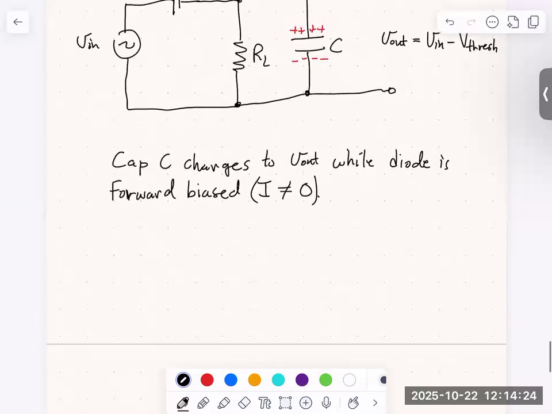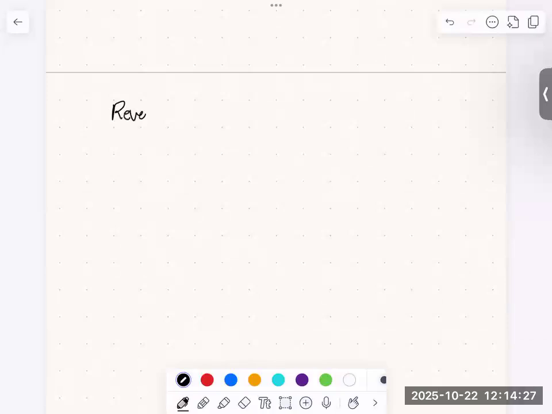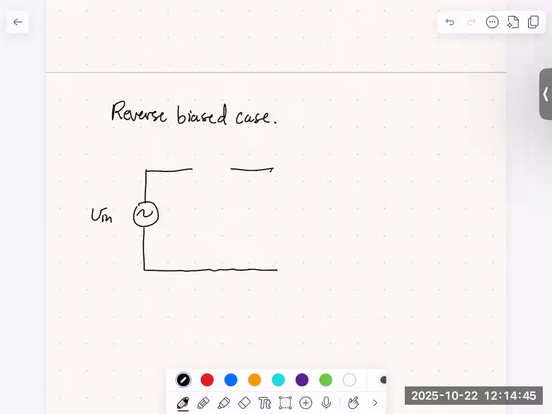So let's do the reverse bias case. For a reverse bias diode, that acts like an open circuit. So we'll draw an open circuit in place of the diode. And then we'll have our RL in parallel with our capacitor. But now remember, if our diode was just forward biased, that means our capacitor is charged. So it's still storing that positive and negative charge on its plates.